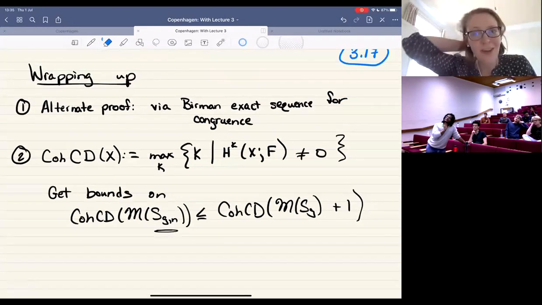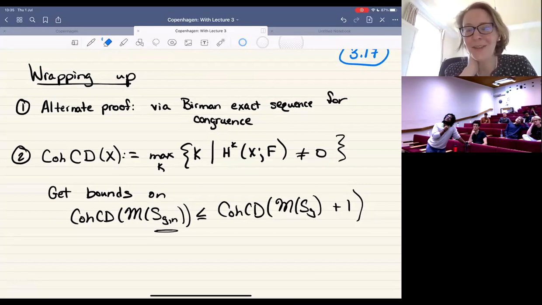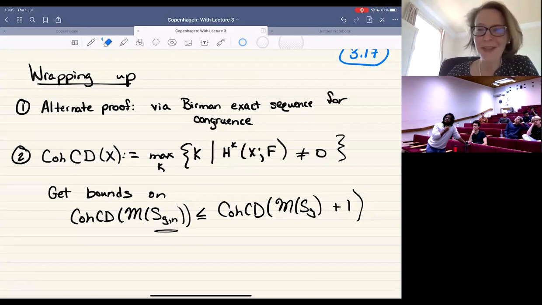So no is the short answer. We don't get a surjection in that case. The surjections generally go the other way. So are you asking how we get these bounds? Yeah, if we have a surjection, we usually have a bound of cohomological dimensions.